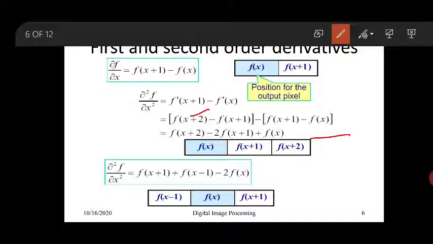You just open all the brackets, you will end up with this equation. I hope in the previous class I used this equation for the purpose of spatial filtering.